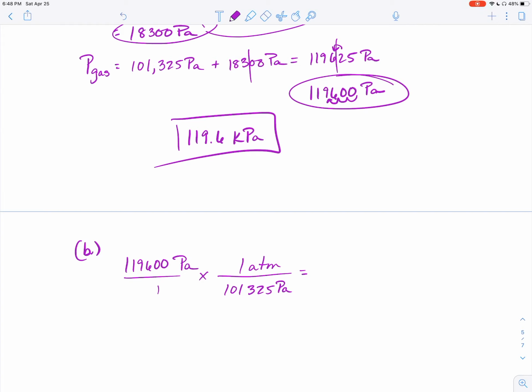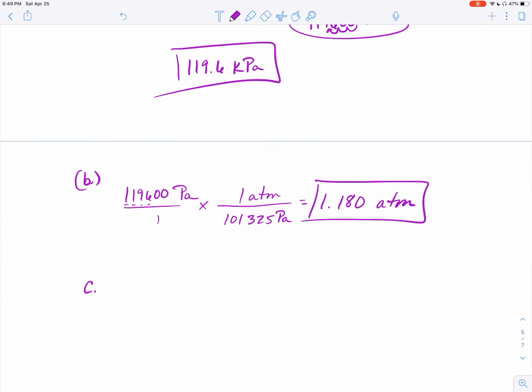And that value ends up giving us a value of, oh, I'm sorry. I think I have the wrong number. It's not 0. It is 1.18. And we're going to go 80 for sig figs, right? ATMs. And so that is the value we've converted to ATMs.